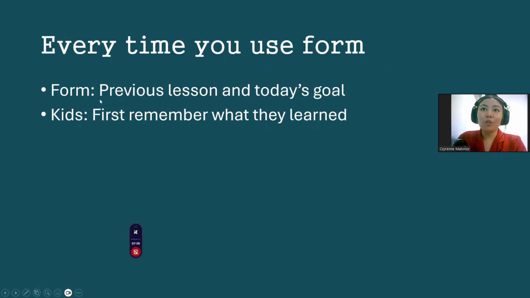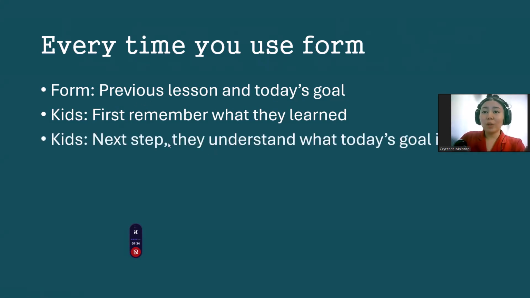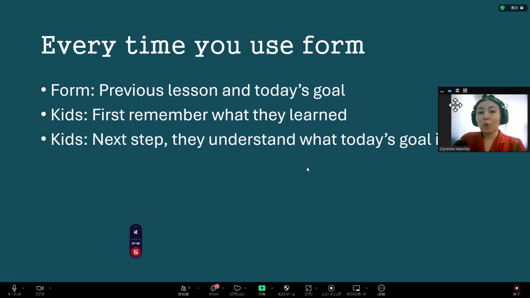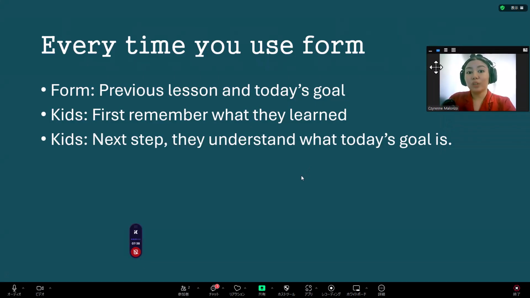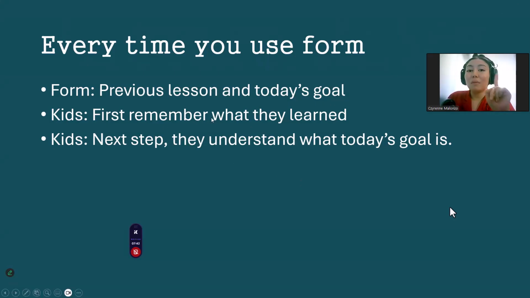That is because the first part of the form is the previous lesson. It's like a review. And your kids will also understand what they are going to learn today. So two parts. First, remember what they learned yesterday, and next, what they are going to learn today.